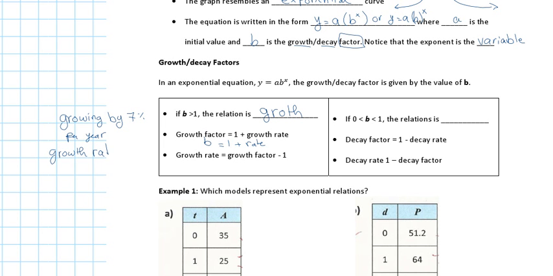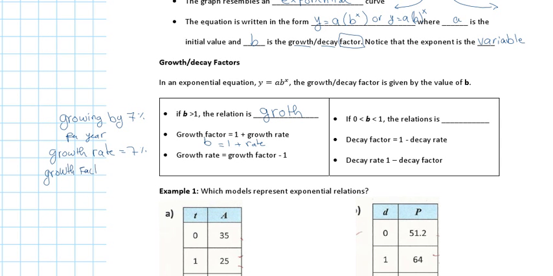What would be my growth factor? One plus, what's my growth rate? Which is 0.07, right? So my growth factor is 1.07.